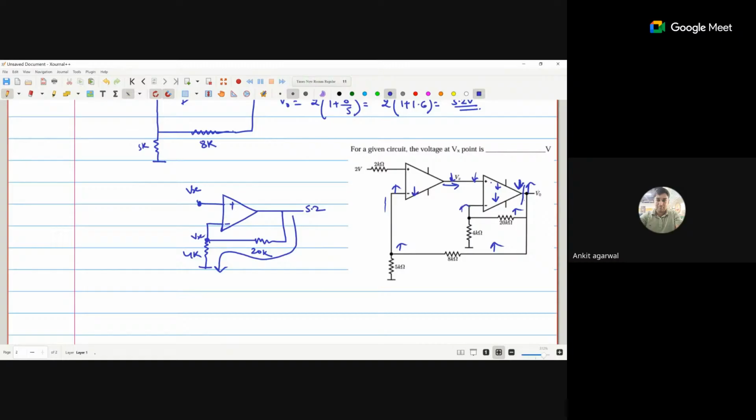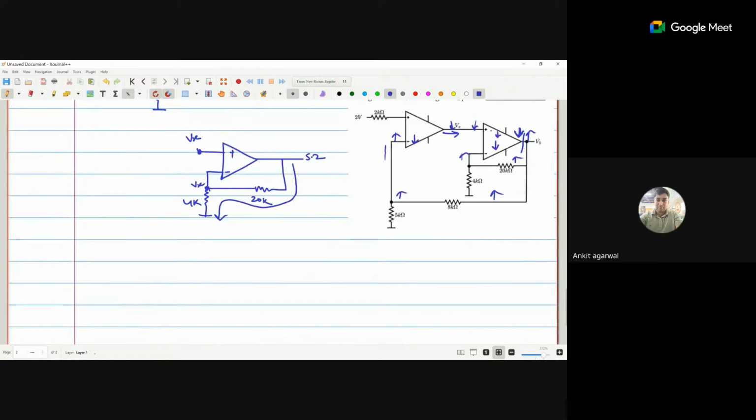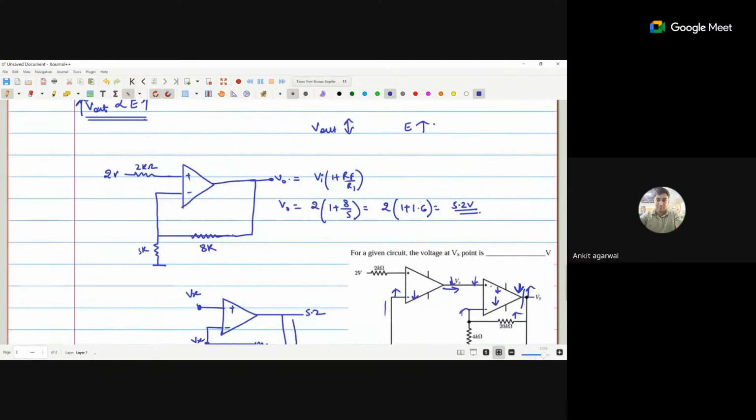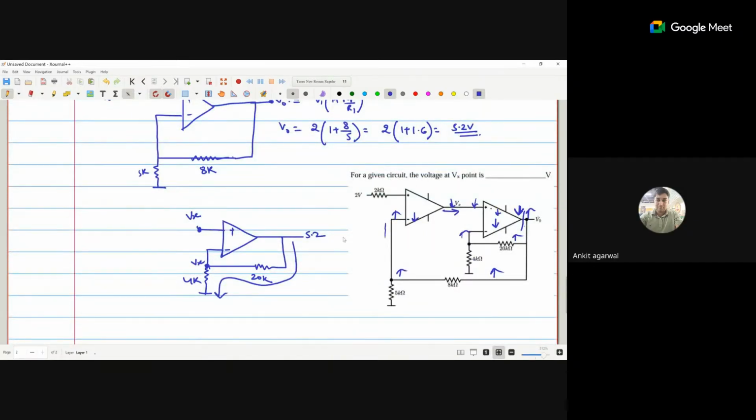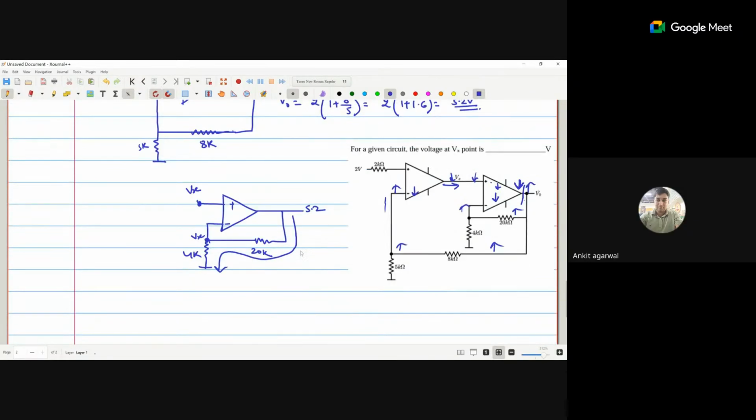Now how do we get the Vx voltage? If 5.2 volts drives the current, this is the voltage. So can I calculate the current? 5.2 minus 0, this is the ground, upon the resistance 20 plus 4, 24k.